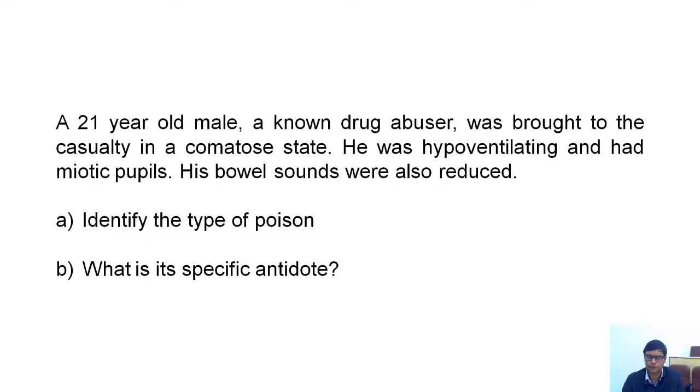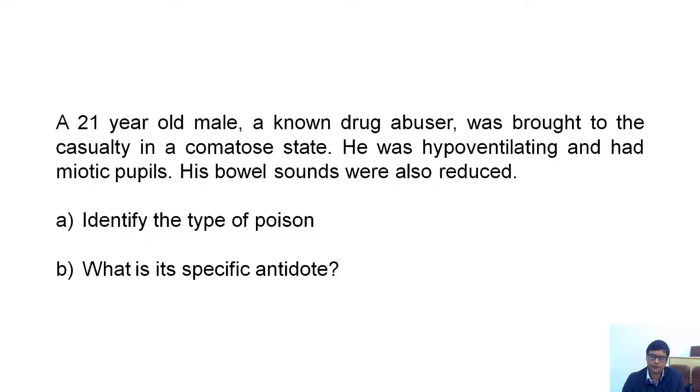For miotic pupils, for all practical purposes you must remember the two most important differentials: organophosphates or opioids. Since the patient presents with reduced bowel sounds, organophosphates are ruled out. Miotic pupils, hypoventilation, drug abuser clearly indicate a case of opioid poisoning. So identify the type of poison: opioid. What is its specific antidote?